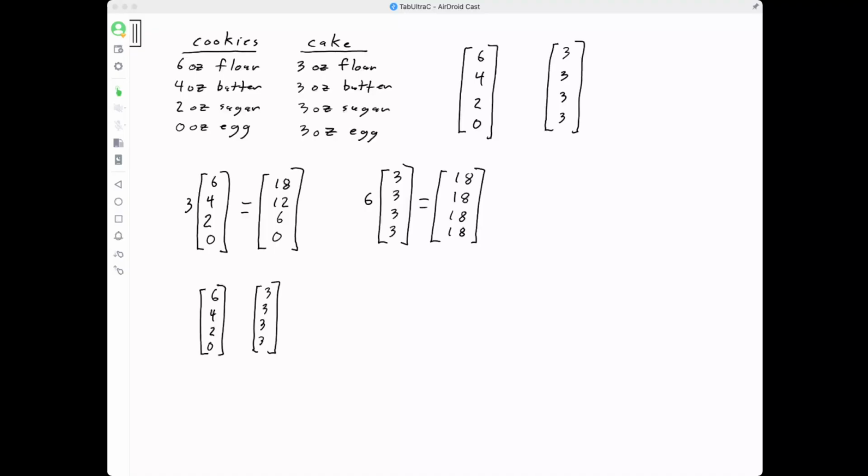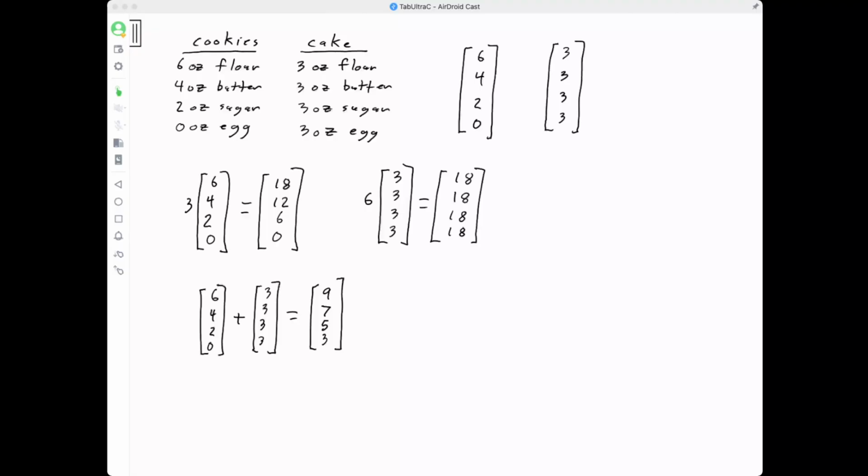To do this, I just need to add the vectors, and what I get is I add each entry independently. So 6 plus 3, so 9 ounces of flour. 4 plus 3 is 7 ounces of butter. 2 plus 3 is 5 ounces of sugar. And 0 plus 3 is 3 ounces of egg. And that would be to get 1 batch of cookies and 1 cake.